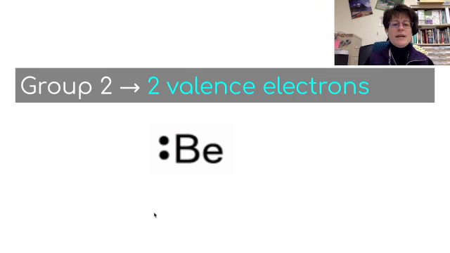Group 2 has two valence electrons, and we're going across that second period, that second row. And so here is beryllium, and because I said the s orbitals fill up, just like when we did our orbital notation, we fill up that s orbital first before we start in on the p's, and so we put two dots to the left of the symbol to represent those two valence electrons in the s orbital.